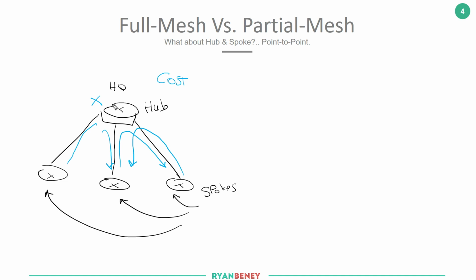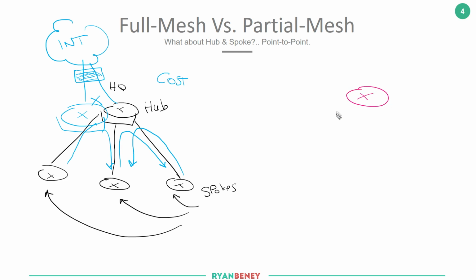For example, I have seen companies invest in doubling up the resiliency at their HQ site, because maybe this is where they have their internet breakout and they want all spokes to communicate with the HQ so they can filter traffic through their firewalls or web filtering before it goes out to the internet.